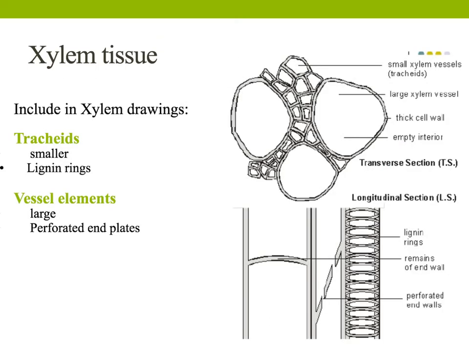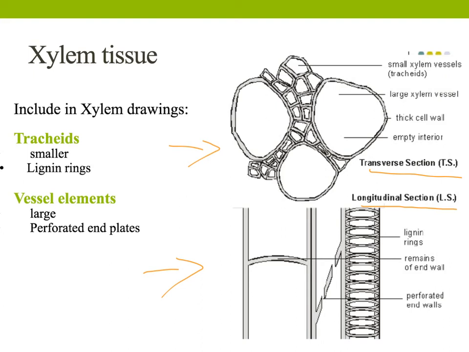And here I'm detailing what you need to include in a xylem drawing. I've got a transverse section drawing here and a longitudinal section drawing here, which when you draw you need to indicate that they are transverse with these sorts of labels here, TS and LS.